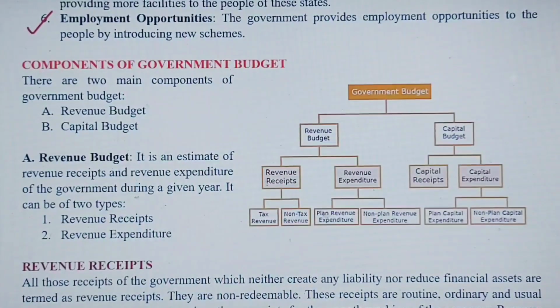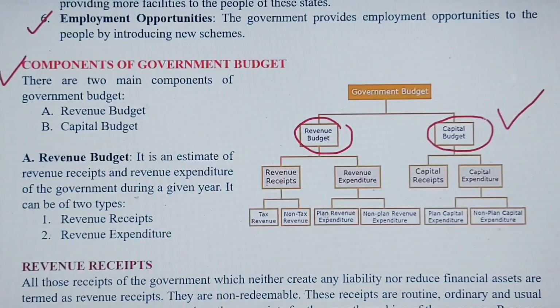Okay, now let's move on to the different components of government budget. Before we move on, first let's try to find out the different components from this figure. As you can see here on the screen, the government budget has two main components. The first one is revenue budget, the other is capital budget. So these are the two main components.